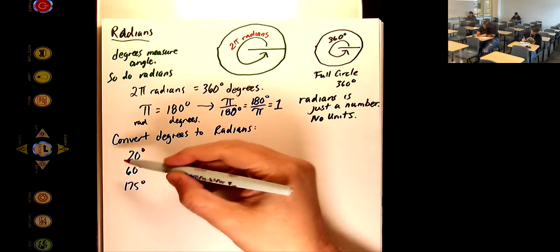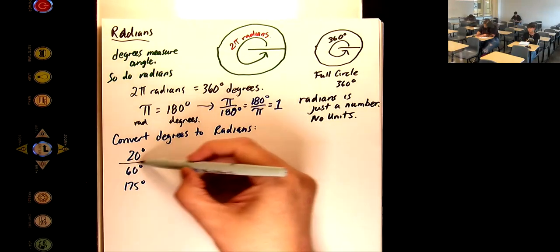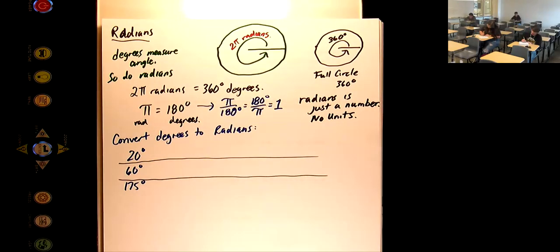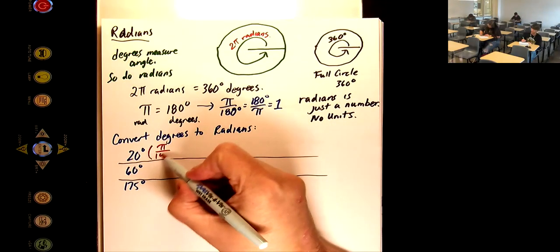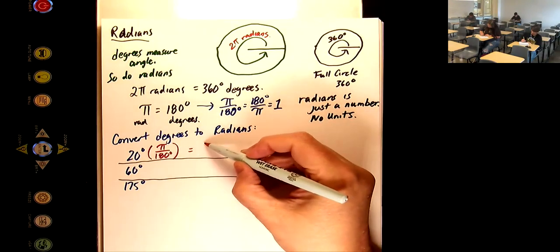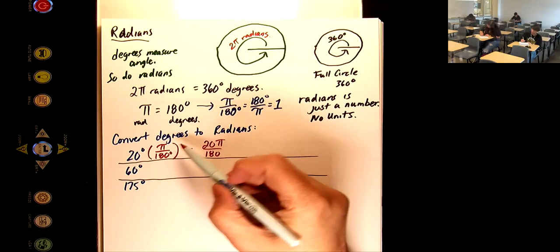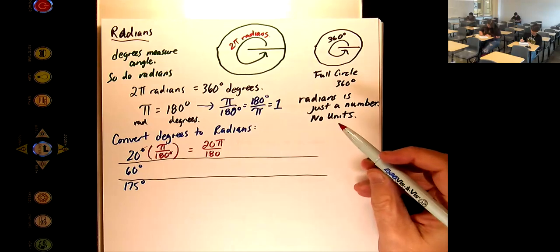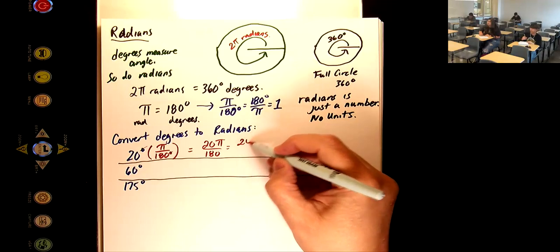So with, maybe I should make some lines here, so that I didn't give myself a whole lot of space, did I? If I take the 20 degrees and I multiply by pi over 180 degrees, you'll see I get 20 pi over 180. And the degrees cancel out. I got a degree on top and a degree on bottom, and they cancel out. And this reduces. This is 20 over 180 times pi.